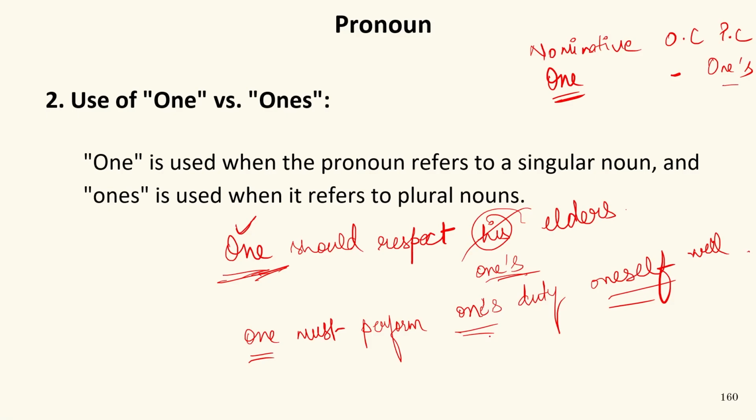So in this case, if we see the objective case as well, it should be one only. But one must perform one's duty oneself. So here we can see that the reflexive pronoun is again oneself. It should not be himself. So this is one versus ones. Now ones is used when it refers to plural nouns.